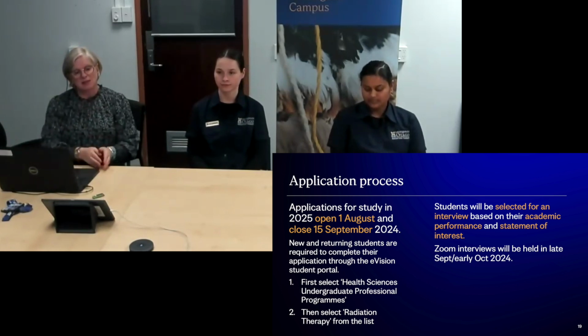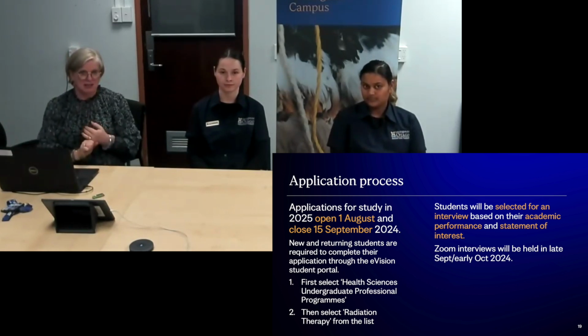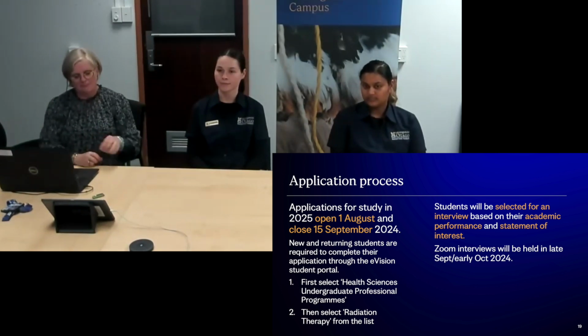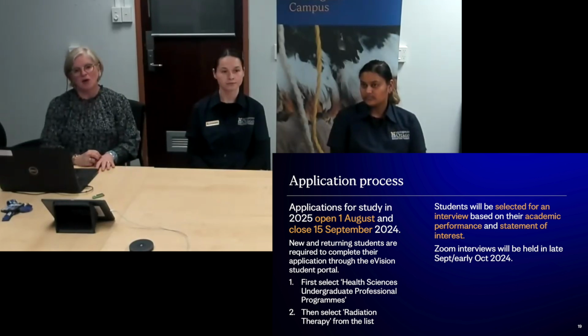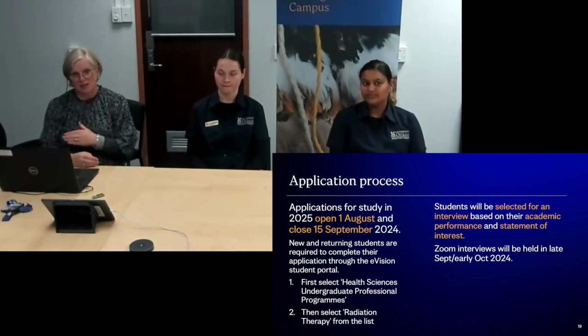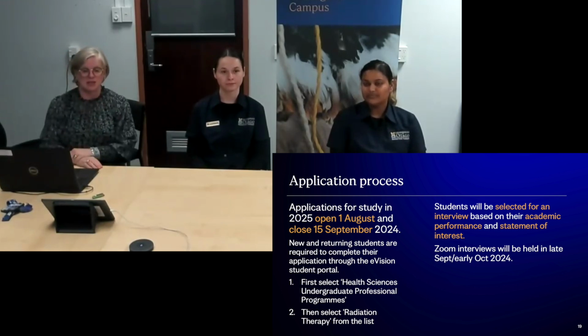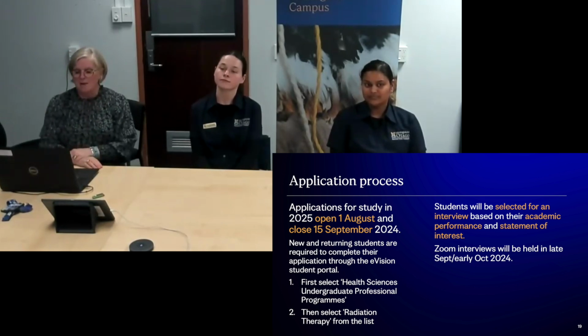You need to provide a CV and quite a bit of other information. If it appears that you would be eligible for the category you're applying under, we will then offer you an interview. The interviews are Zoom-based and start from the 30th of September, that week of late September, early October. Why do we have an interview?